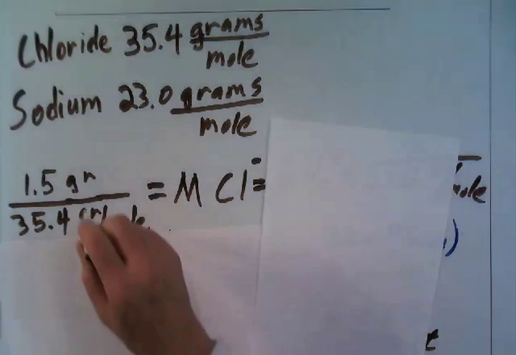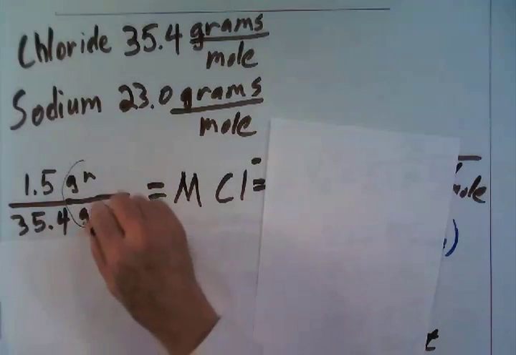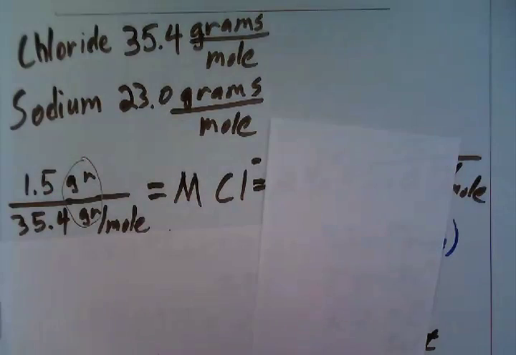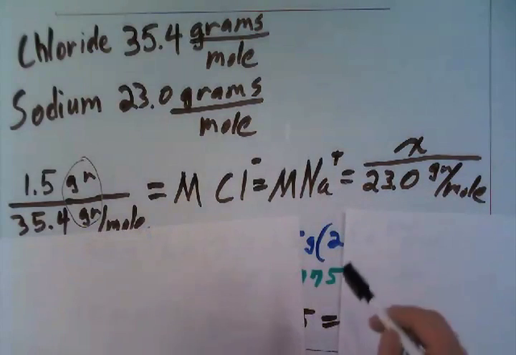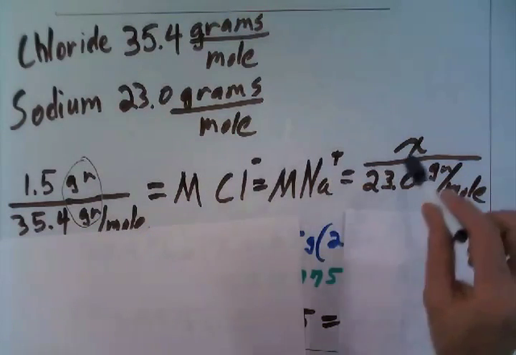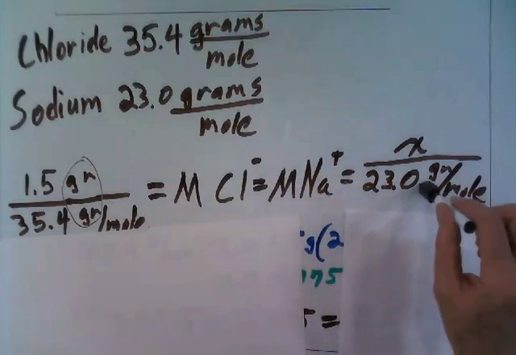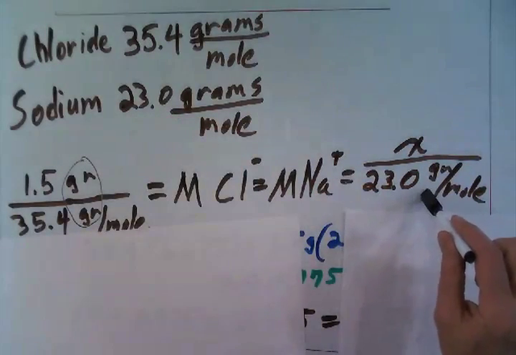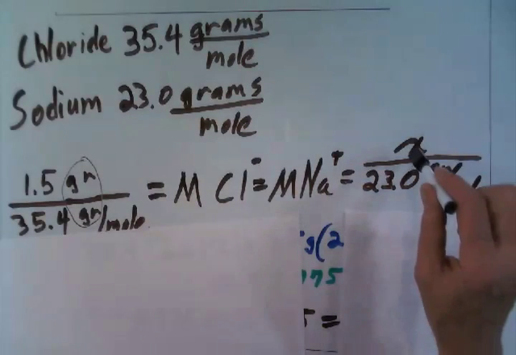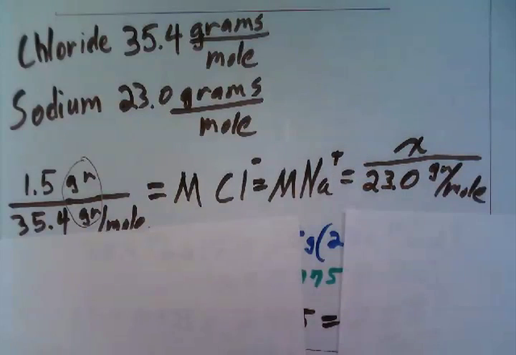It's pretty obvious that the grams will fall out of this and the moles will end up on top, so that's good. And then the moles of chloride should match the moles of sodium. So the moles of sodium will be X on top, the grams per mole, which for sodium is 23 grams per mole, on the bottom. And then the variable is the grams of sodium.